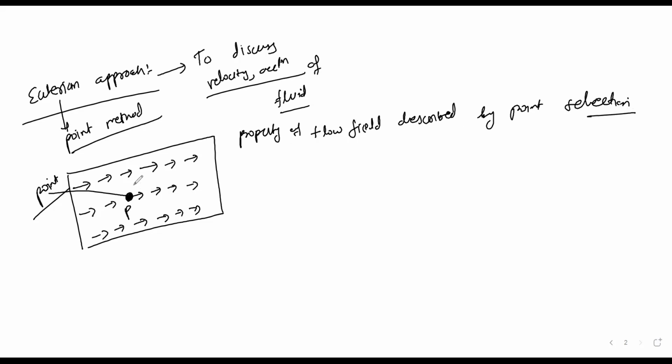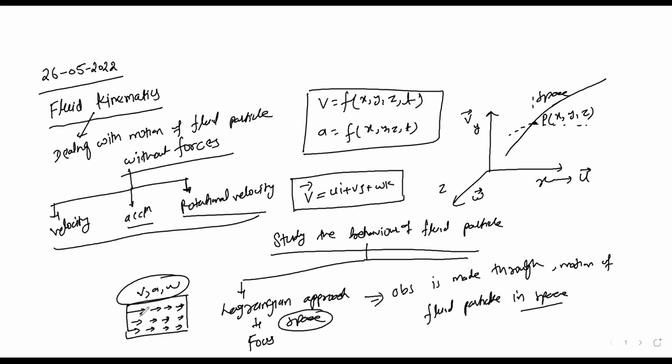We will assume one point, let's say x, y, z and t, and check how the velocities and acceleration vary. But in the Lagrangian approach, it's a space, and in a space we can consider any section. So the Lagrangian approach is also a section method, meaning we consider one section and see how the fluid particle varies.